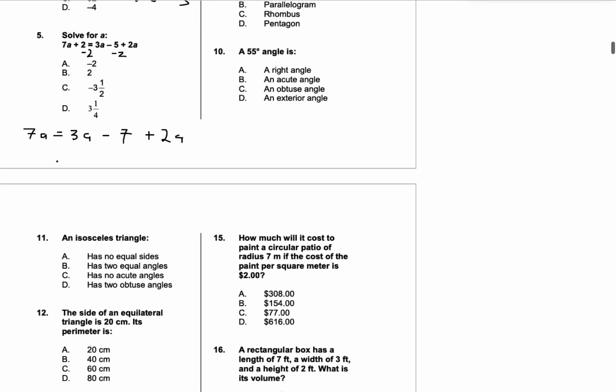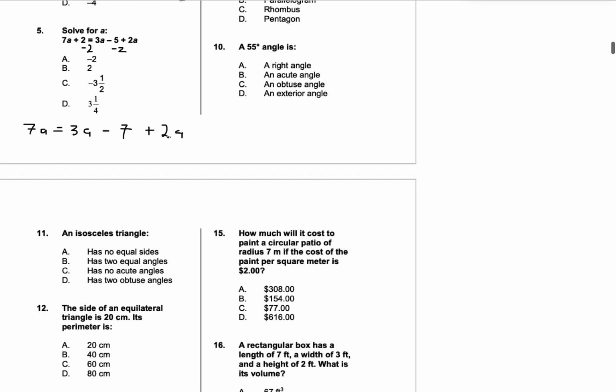Now we can combine the a's on the right side, right? So we have 3a and then we have 2a. So we can rewrite it as 7a is equal to 5a minus 7. But we want to get like terms on one side.